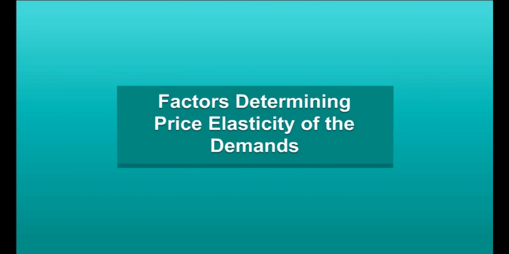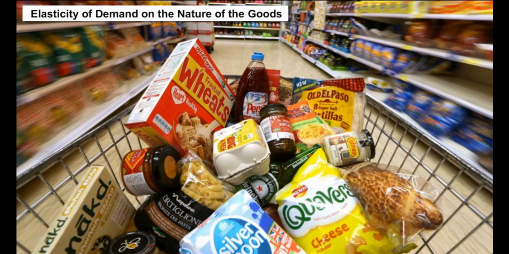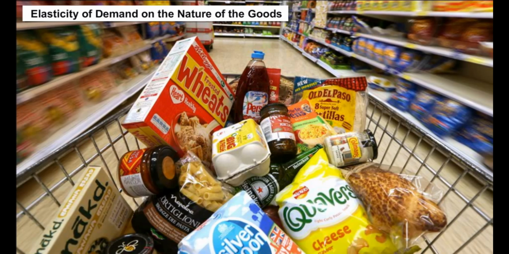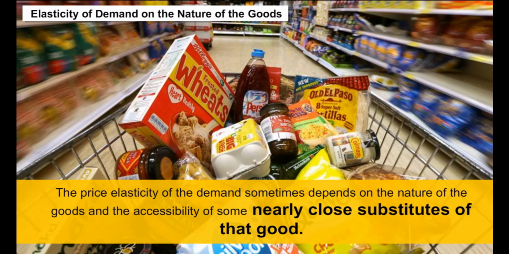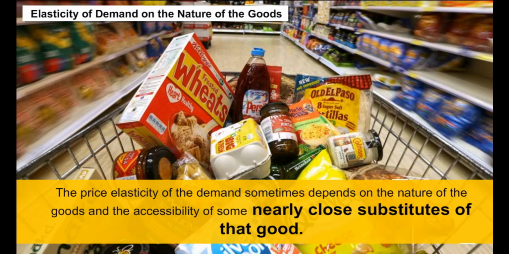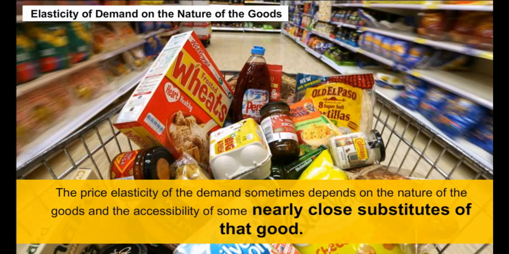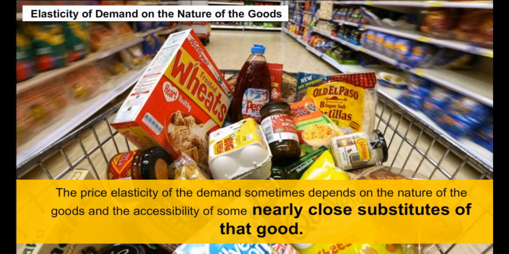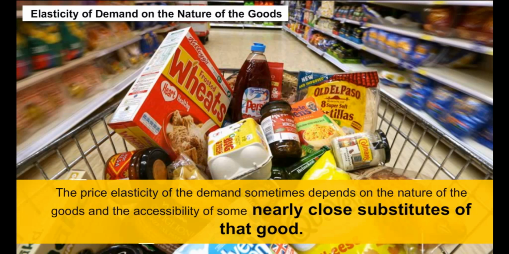Factors determining price elasticity of demand. Elasticity of demand depends on the nature of the goods. The price elasticity of demand sometimes depends on the nature of the goods and the availability of nearly close substitutes for that good.